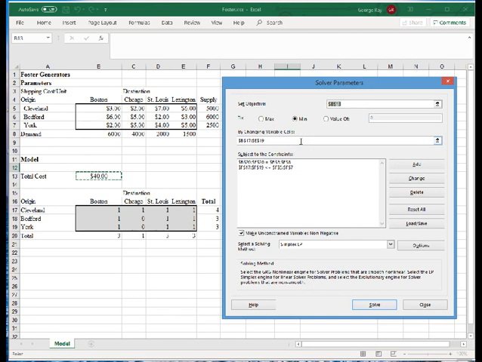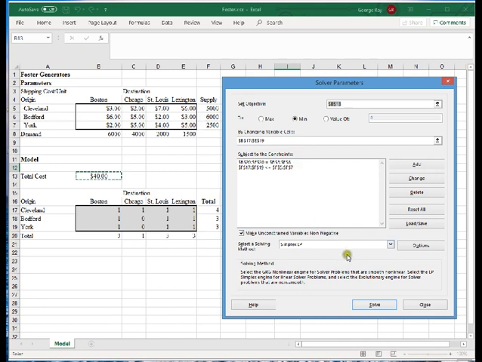We do have some constraints. B20 to E20, which is the total amount shipped to each destination, must be equal to the demand at each location, B8 to E8. And likewise, the amount shipped from each origin, F17 to F19, must be less than or equal to the supply at each origin, which is F5 through F7.